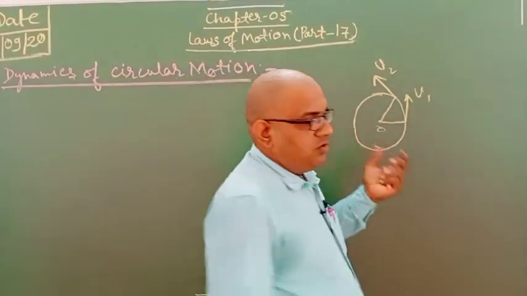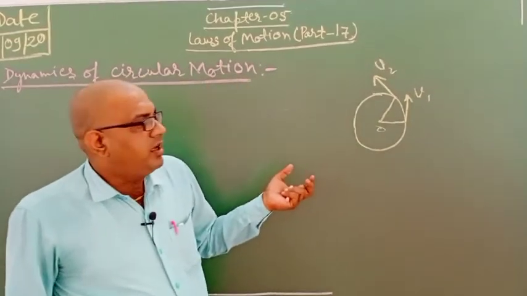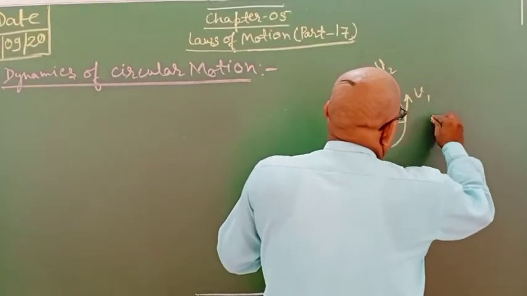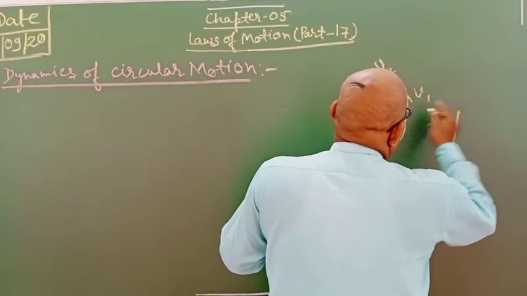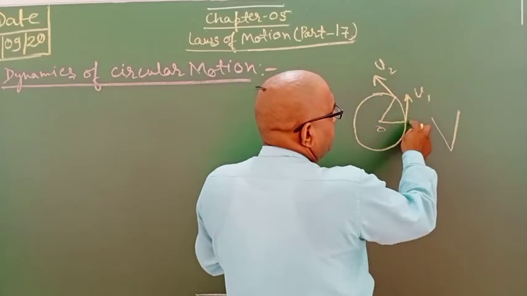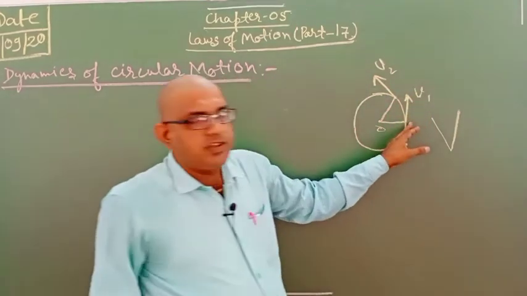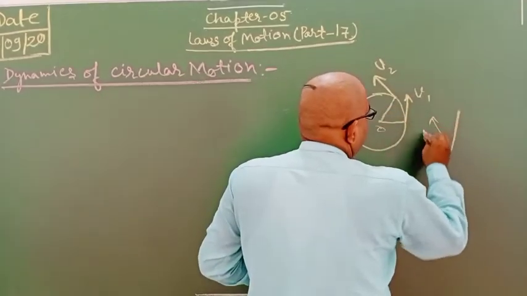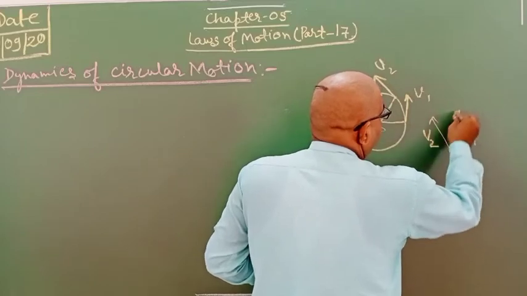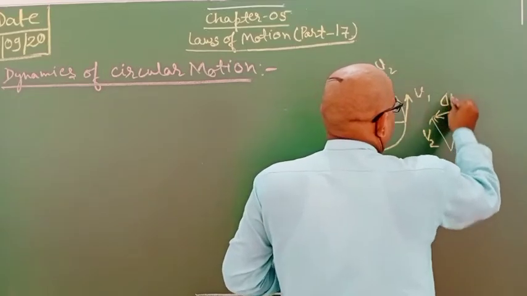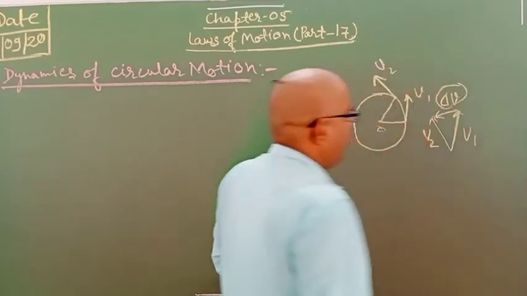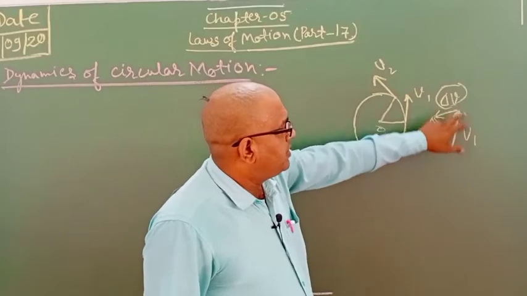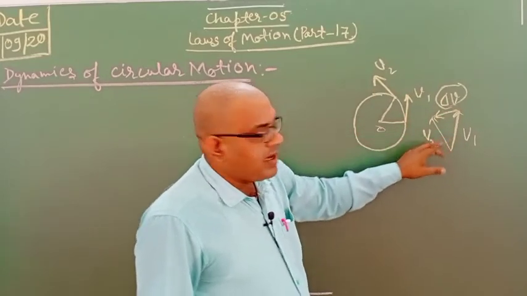To know the acceleration of a body moving on a circular path, we translate the tail of the v1 vector to the tail of the v2 vector, and we get delta v. That is, v1 plus delta v is v2, so delta v is equal to v2 minus v1.